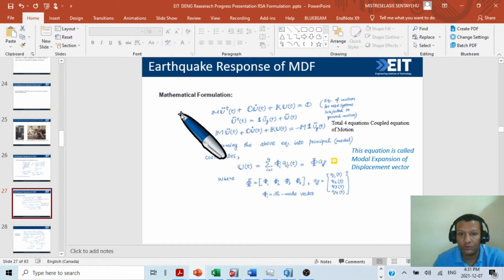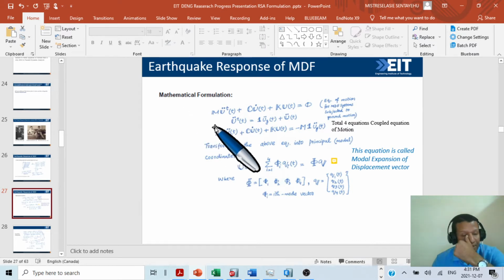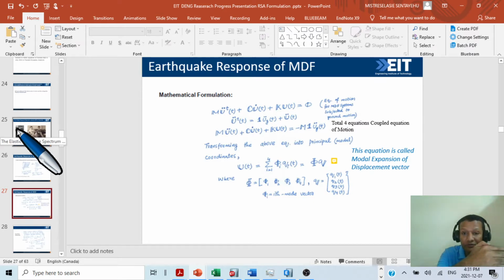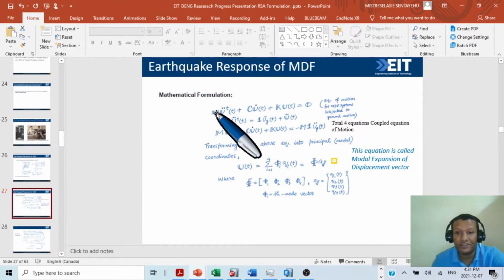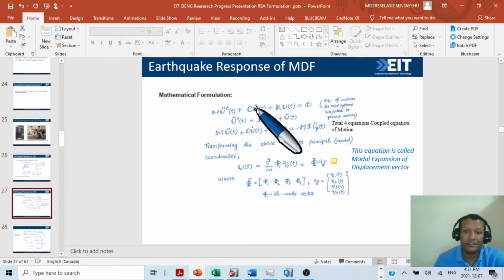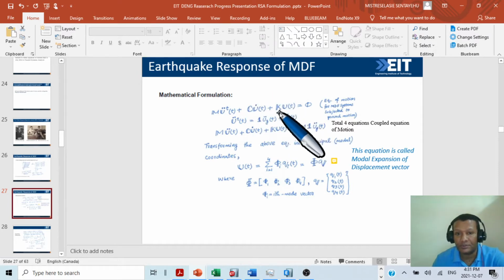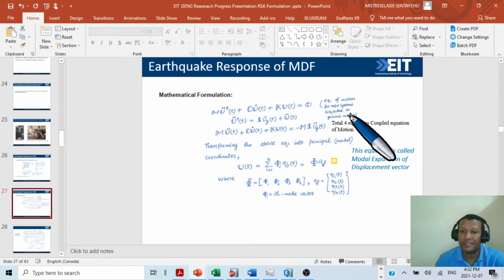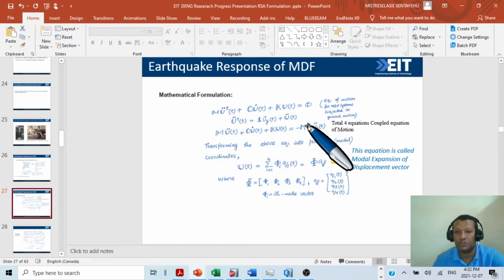For the mathematical formulation, we know from the governing equation of motion we developed for the single degree of freedom system that we have an inertial part, a damping part, and an elastic restoring part. So M u double dot total plus C u dot plus K u total is equal to 0. This is the equation of motion for a multiple degree of freedom system subject to ground motion only.